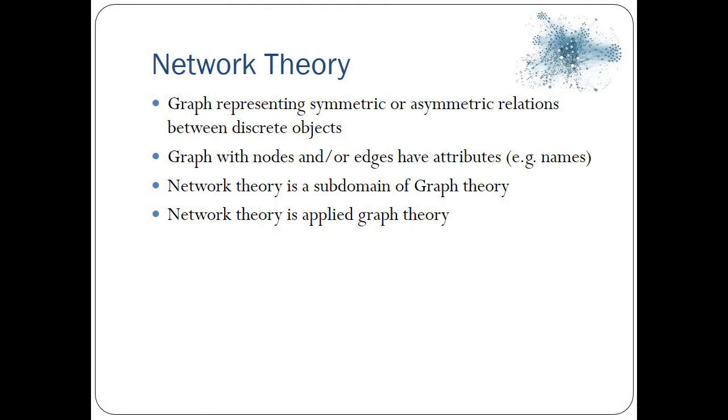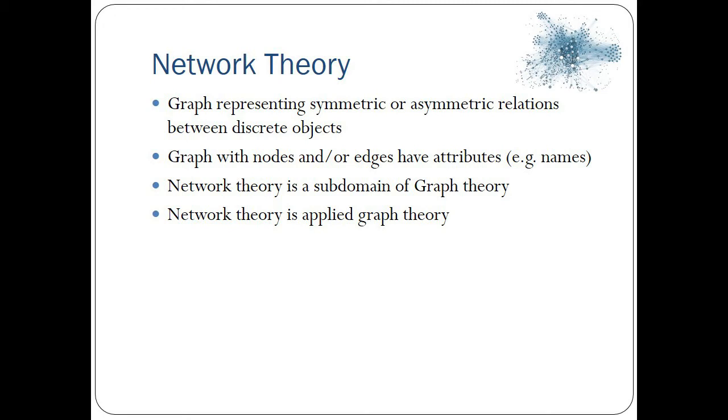Then there's network theory. Network theory is basically a subset of graph theory. What is the difference between network theory and graph theory? A graph represents some symmetric or asymmetric behavior of relationships. If we want to study this symmetric and asymmetric behavior of relationships between discrete objects, then we are dealing with network theory.